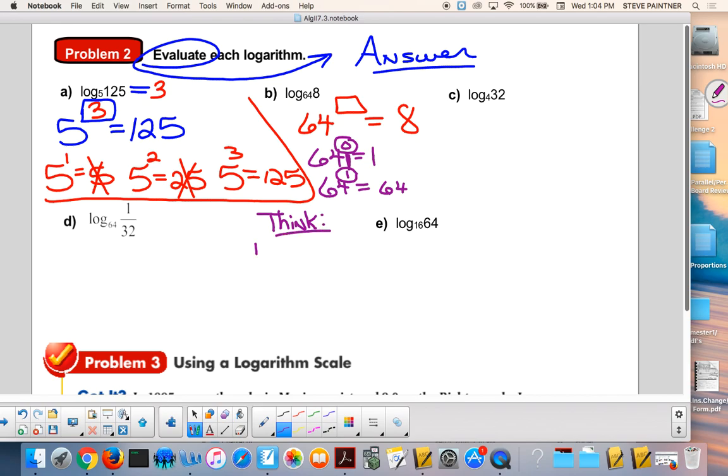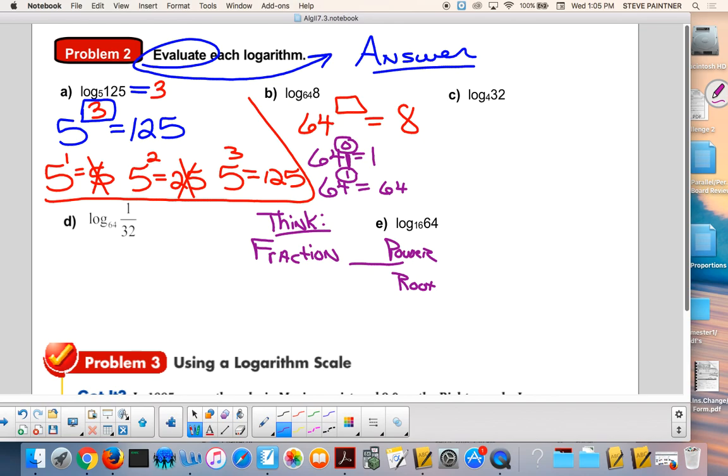Oh, okay, if it's a fraction, then you should do this. Put a fraction bar on the bottom, figure out the root that you know. Then figure out the power that you have to raise the answer to. So let's do it. What root do you know of 64?